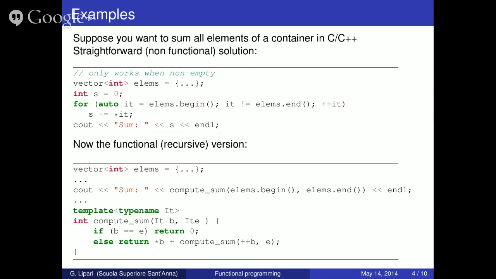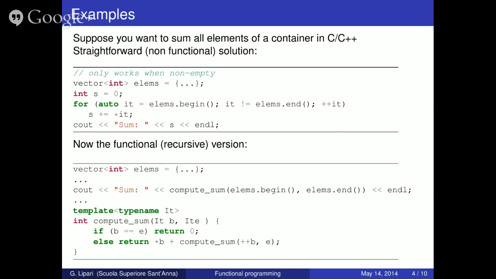In functional programming instead, there is no state at all, and nothing is modified. You have a vector, and I'm not going to touch the elements of your vector. The only thing I do is call a function that I call compute sum, and this function is a recursive function. So there is no state anywhere here, and also there is no loop.